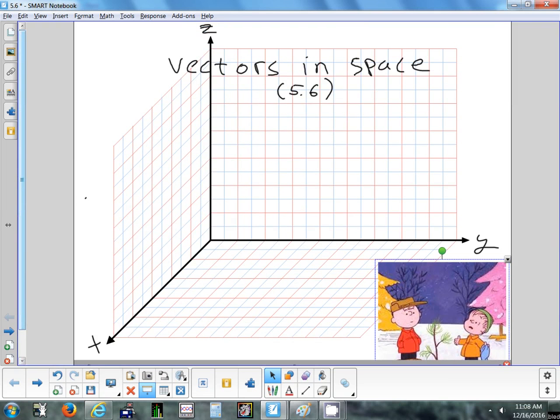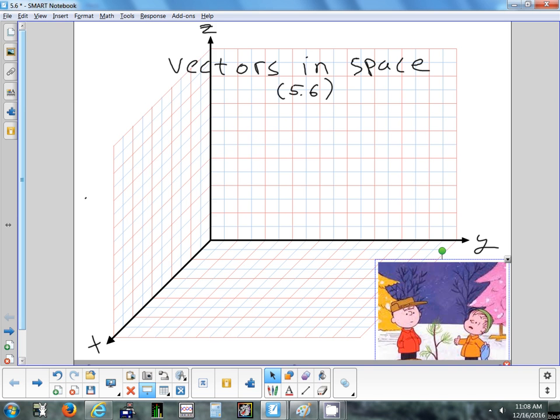As far as describing it, there's really 2 ways you can draw a 3D coordinate system. The book describes this as a right-handed coordinate system. If your index finger points in the direction of the x-axis, your middle finger points in the direction of the y-axis, then your thumb points in the direction of the z-axis.